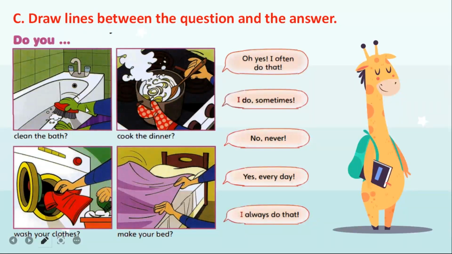For example, do you clean the bath? No, never. Yes, every day. I cook the dinner. Yes, every day. Wash my clothes. Yes, every day. Make my bed. Yes, every day.